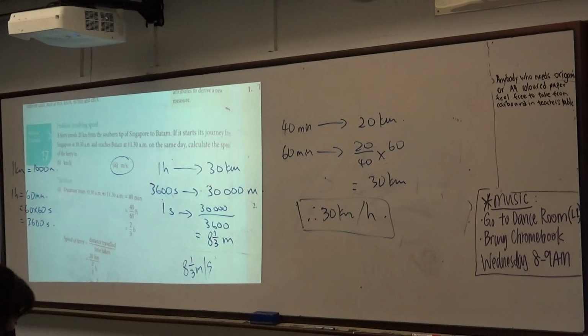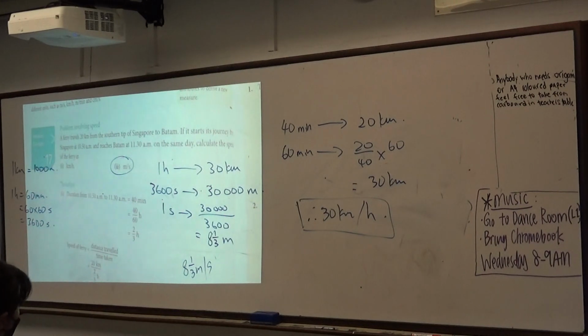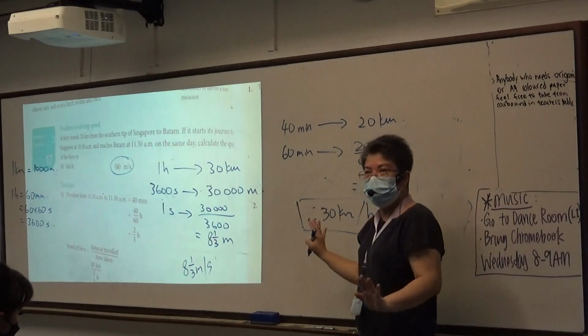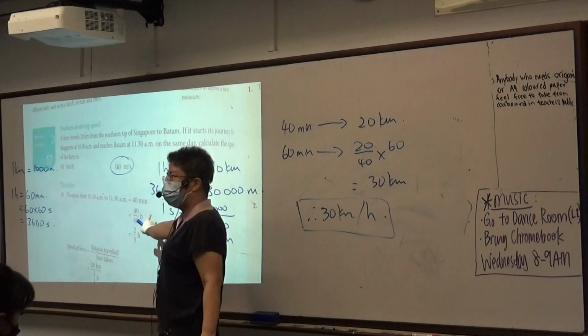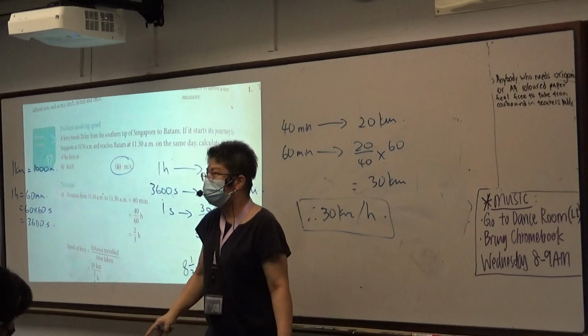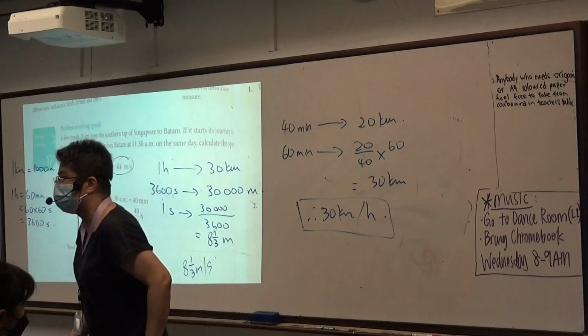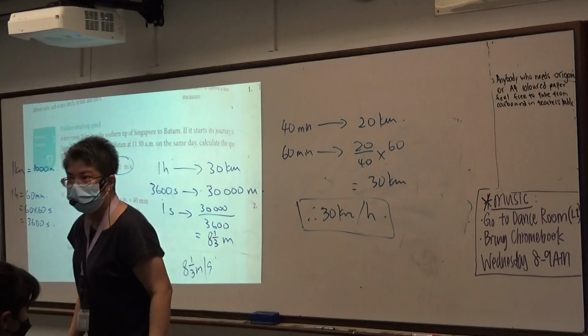Now, can you see I always use the same logic? I never change. Can you see I always use proportion to do it? 1 hour is 60 minutes and 1 hour is 3,600 seconds. So that's how I get my answer. Do you follow what I'm saying? Yes or no?